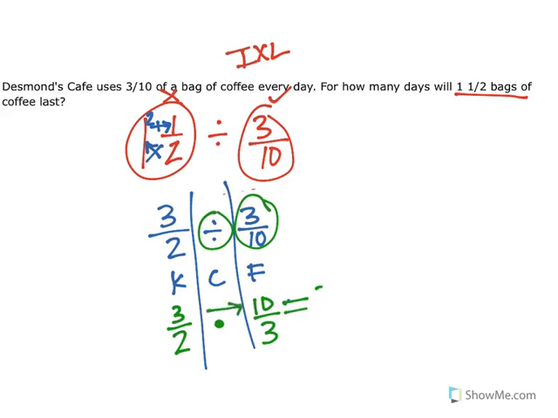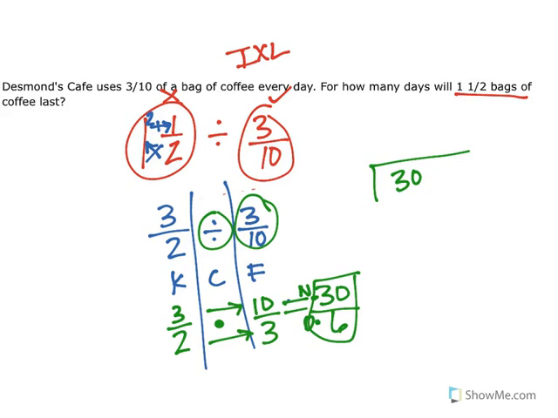Let's multiply. 3 times 10 is 30. 2 times 3 is 6. Great job. But look, the little guy's carrying the big guy. How do we help him? Divide. Numerator starts with an N. It goes on the inside. Denominator on D, outside.